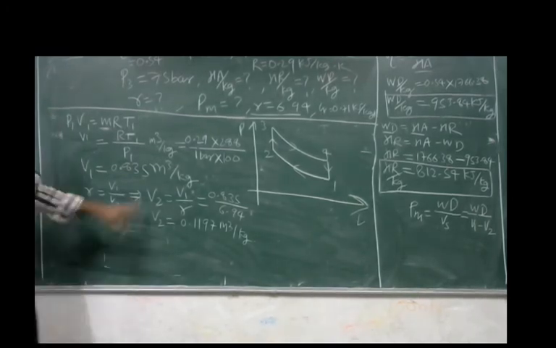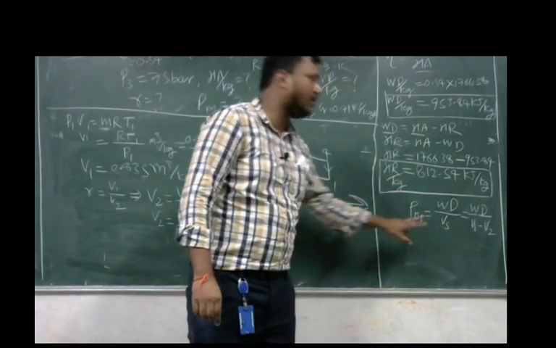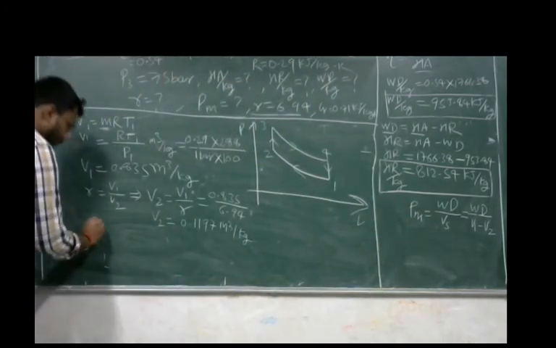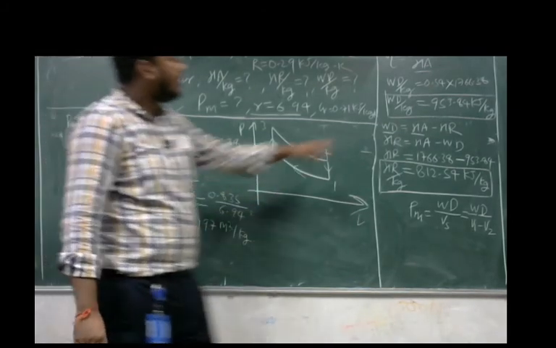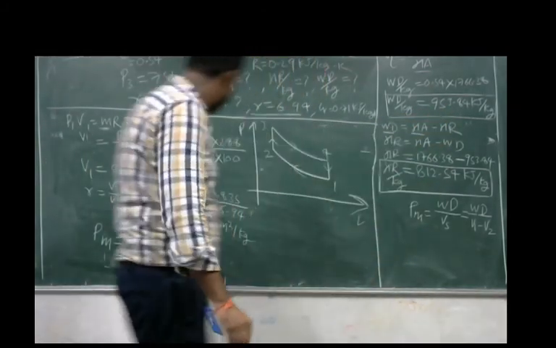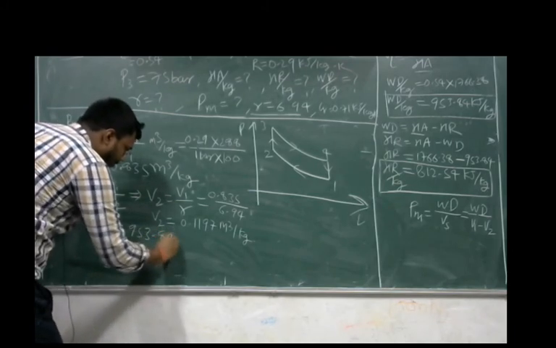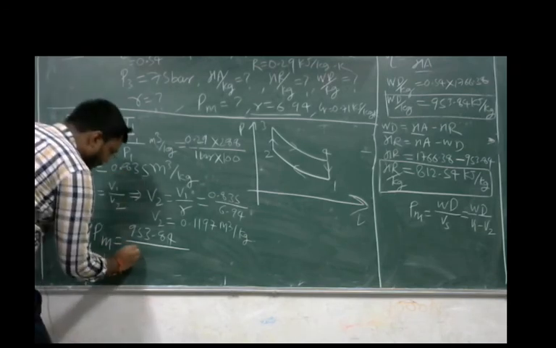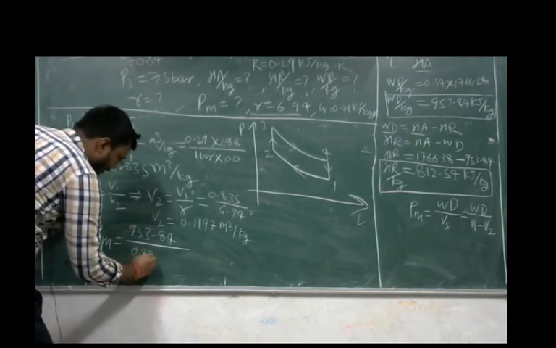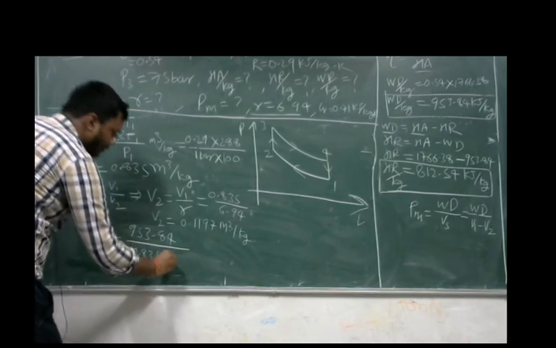Now we have calculated the values of V1 and V2, so we can easily calculate the value of mean effective pressure PM. PM should be equal to the work done, which is 953.84, divided by V1 equal to 0.835 minus V2 equal to 0.1197.